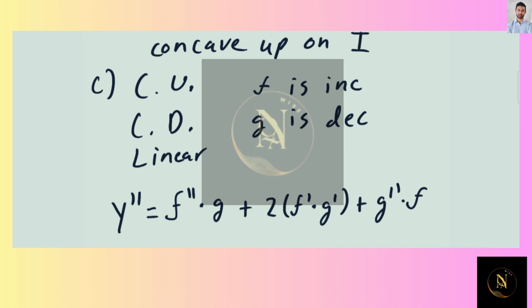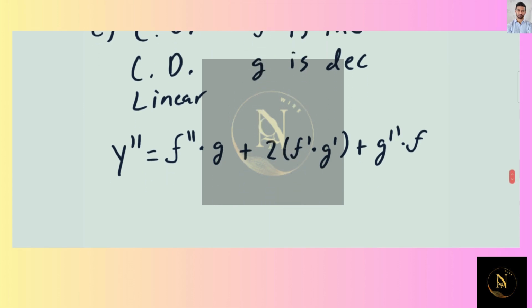So if we suppose that f is increasing and g is decreasing, then we know that the first derivative of f is going to be greater than 0 and the first derivative of g is going to be less than 0. So that means that f prime is going to be positive and g prime is going to be negative.